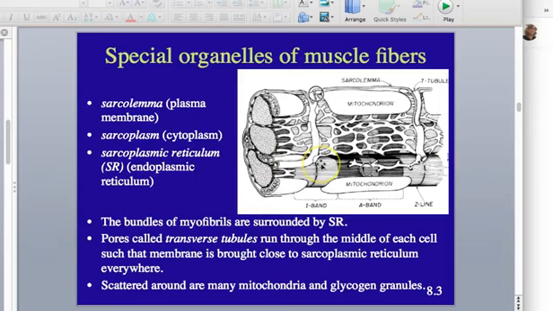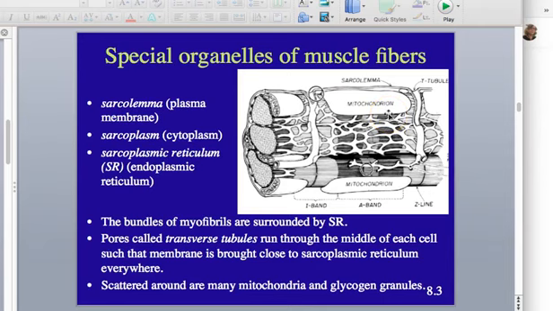We have these tubules running between each cell, which are kind of like pores. They're called transverse tubules, and they allow the sarcoplasmic reticulum to be really close to the surface at all times. Basically it's like being close to an exit at all times. Very important. Then we have these big old mitochondria, which are also very important because, remember, mitochondria are the powerhouse of the cell. What does that mean?